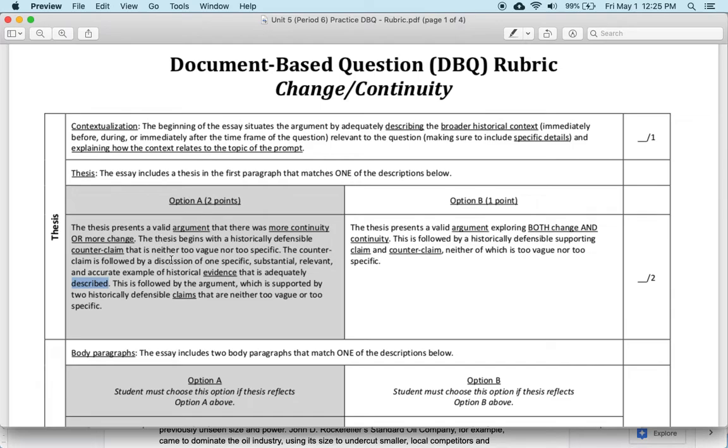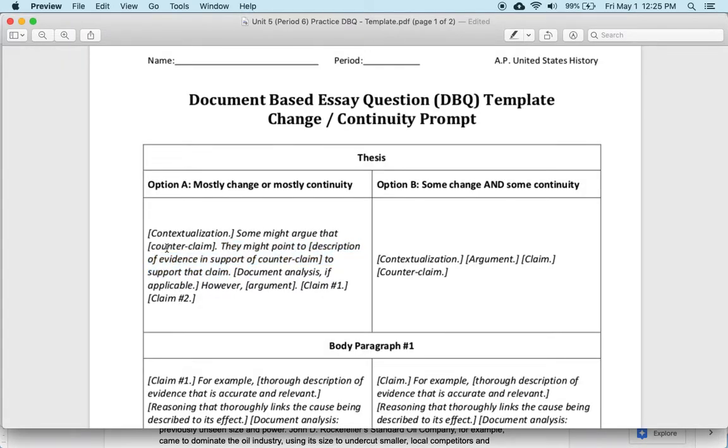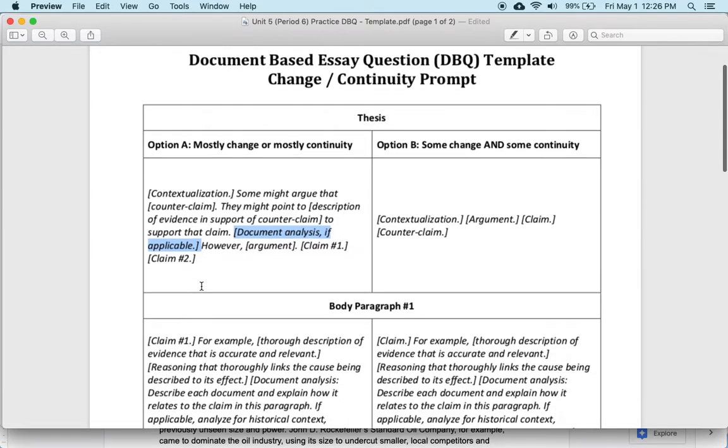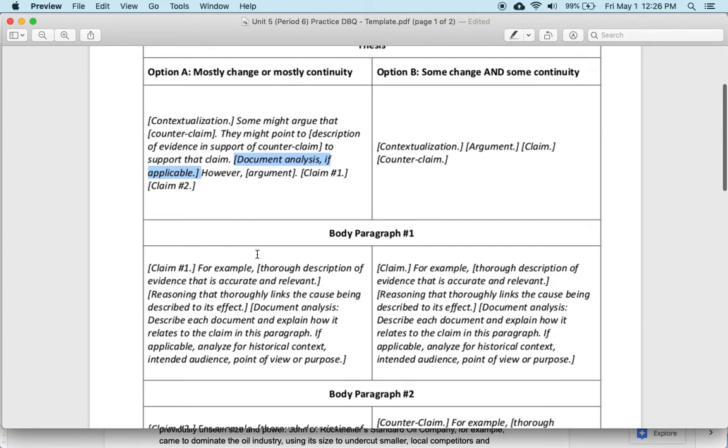You don't have to do this, but in the template, I suggest that if it's applicable, if it makes sense, you include a document or two from among the documents that they give you, in connection with the counterclaim. Remember that, and I don't have this up here, and I keep meaning to change that, but I keep forgetting.